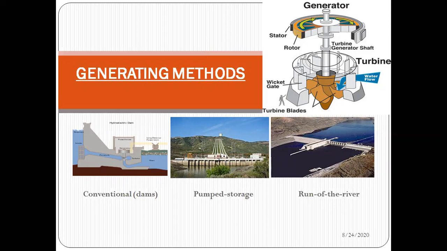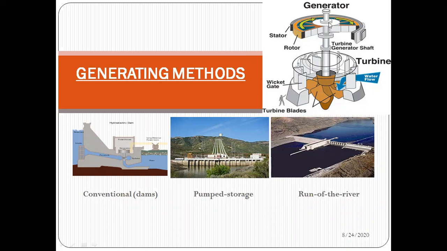So the generating station. Here I will discuss only the hydroelectric power station. Now you can see on the top there is a diagram, which is basically the line diagram for any hydroelectric power station. The upper part is the generator, and the generator has two parts, the stator as well as the rotor.